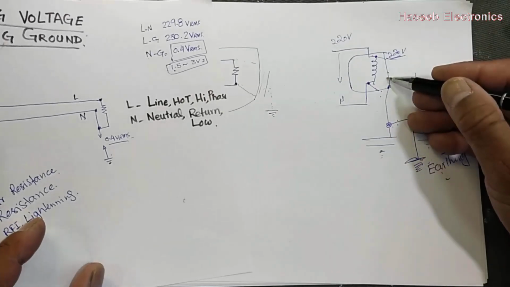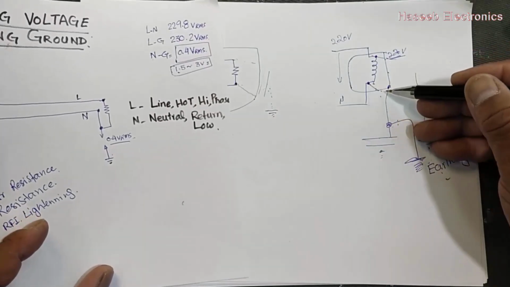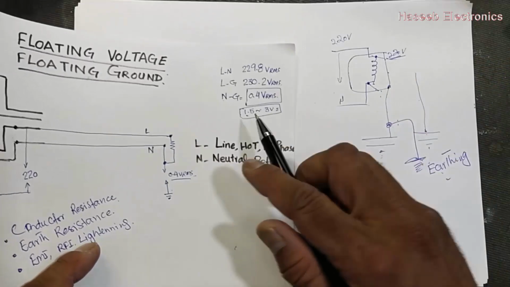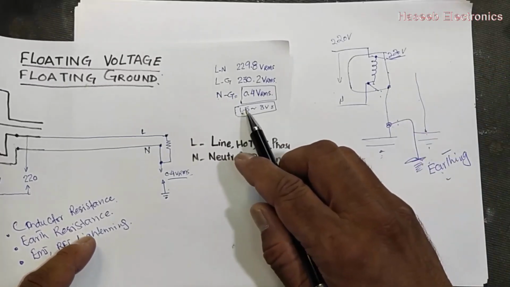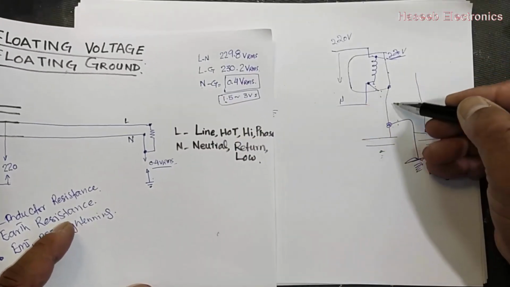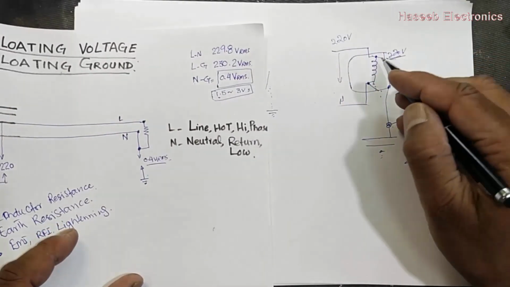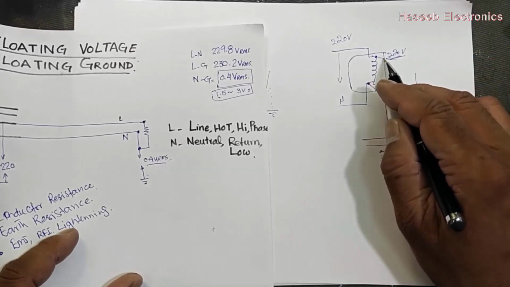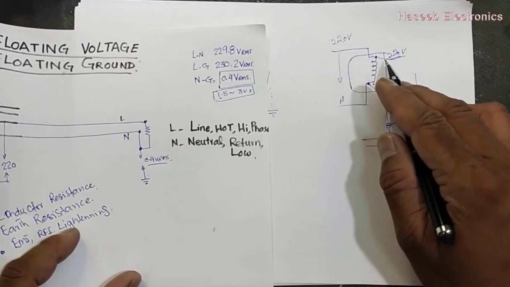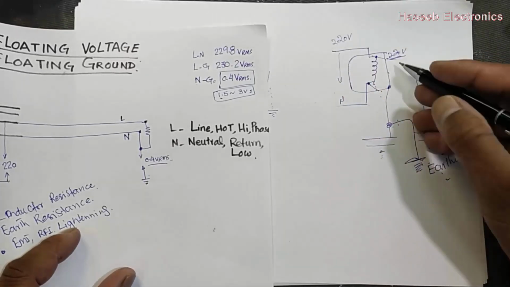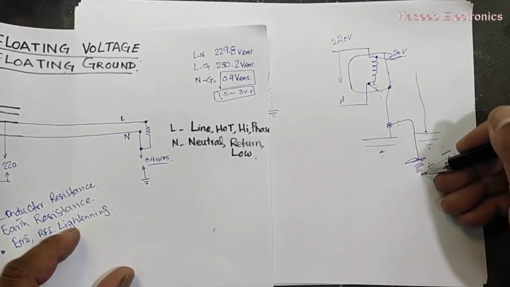In both conditions, if we have a leakage, that is a floating voltage of 1.5 volt to 3 volt, it will be grounded and the body will be safe. And in the second condition, if the 220 volt line is shorted or has leakage to the body, it will be grounded directly.